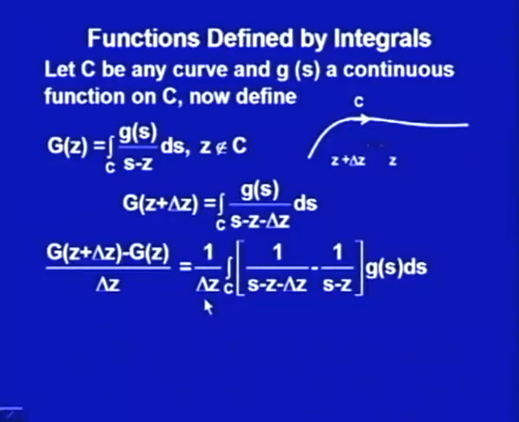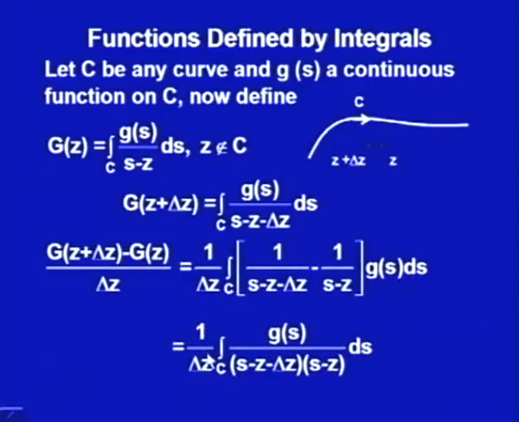So, this 1 upon delta z is as such, this difference of these two integrals. So, I would write it as integral on the path C, g(s) is taken common, and what is left here is 1 upon (s minus z minus delta z) minus 1 upon (s minus z). Simplify it, I would get (s minus z) minus (s minus z minus delta z), that is, I would get here delta z upon (s minus z minus delta z) into (s minus z).